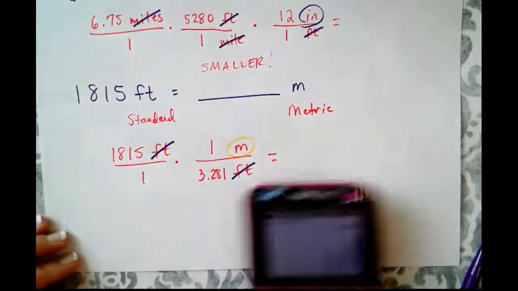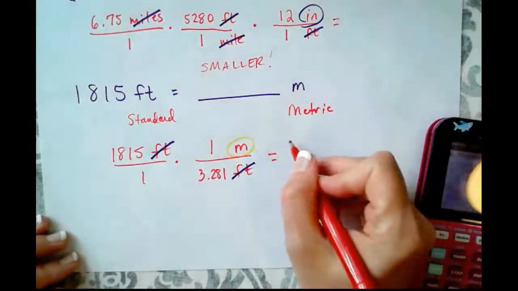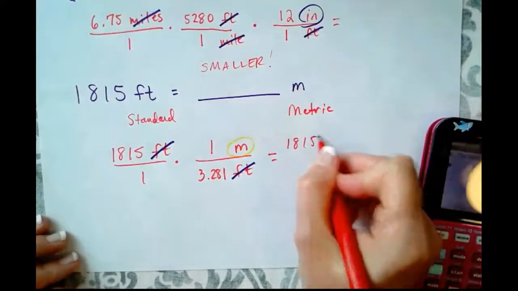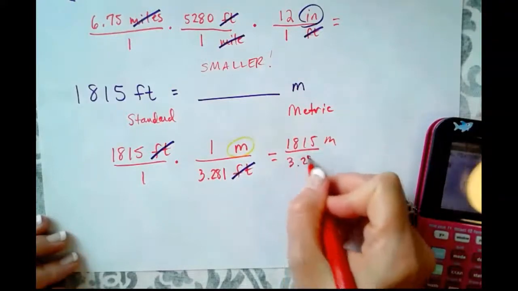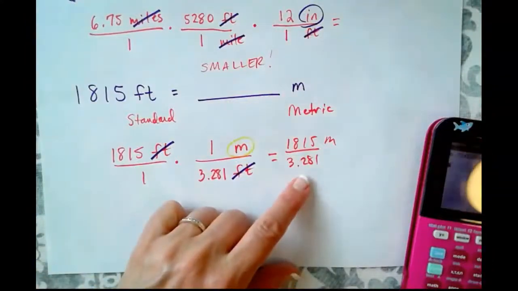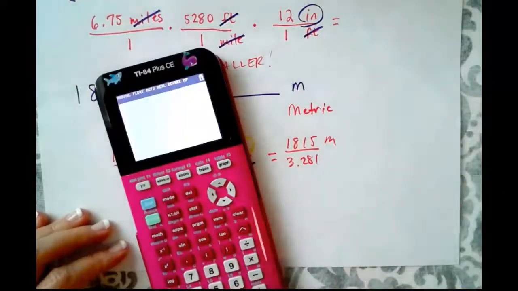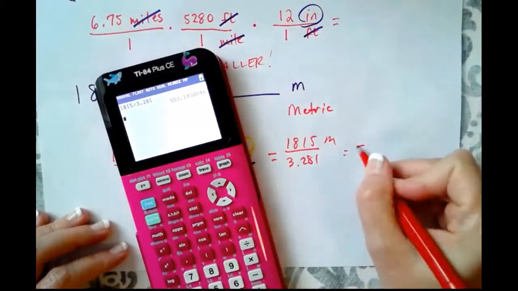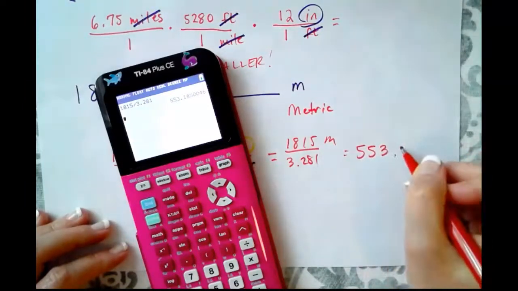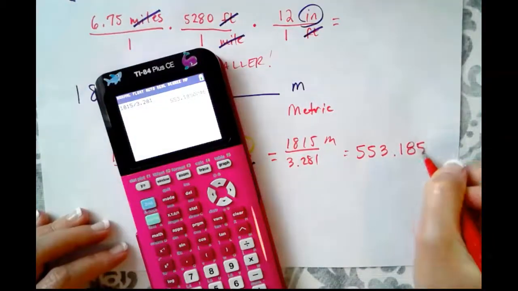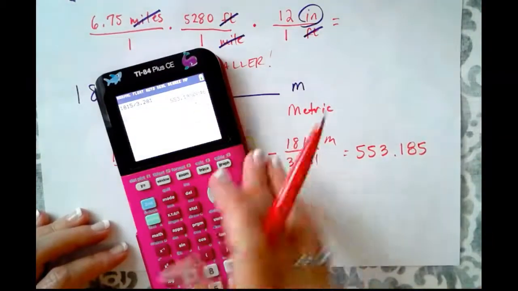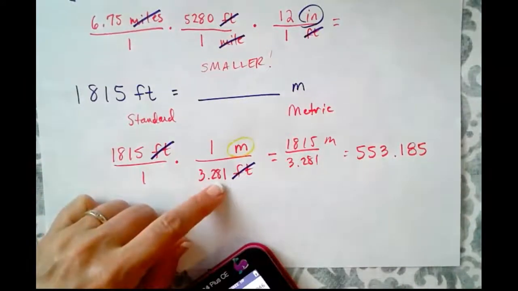I'm going to the calculator here because we're about to have to divide. 1,815 meters over 3.281. This is our division. Remember, a fraction bar is a division calculation. 1,815 divided by 3.281 gives us an answer of 553.185, and I'll round to that third place because I'm starting here with 3 places behind the decimal.